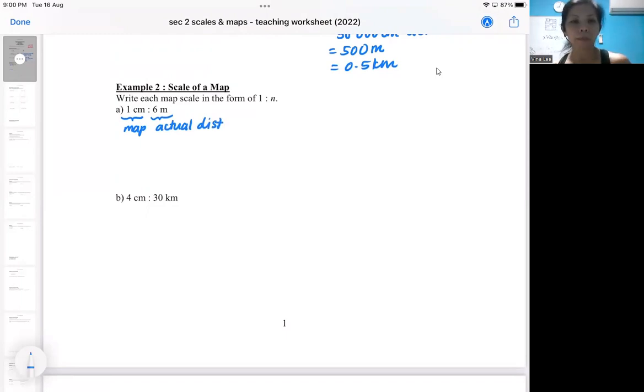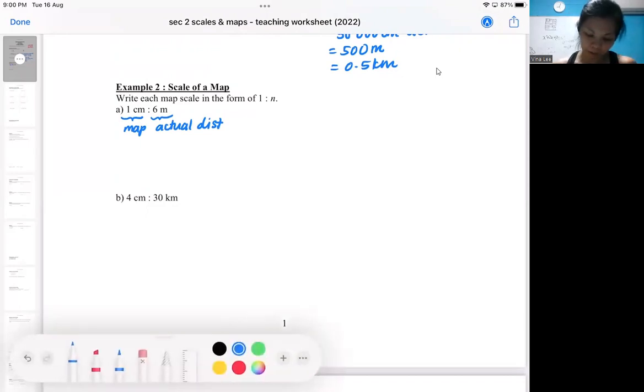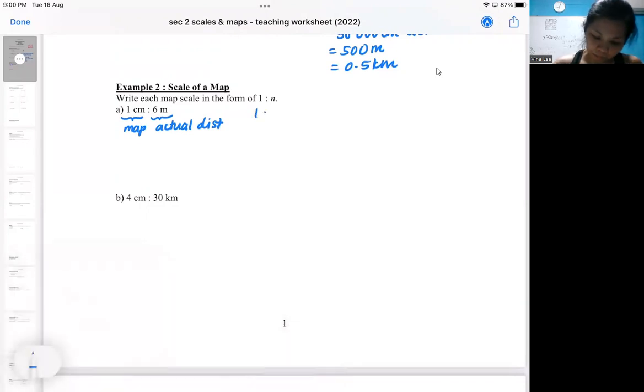You need to convert to centimeter. So you convert the 6 meter to centimeter, that will be 600 centimeter. Once both of them are in centimeter, you drop the centimeter, and that will give you the scale.